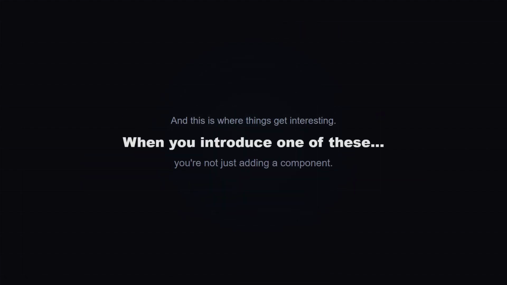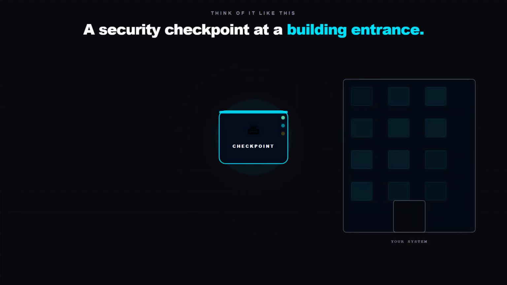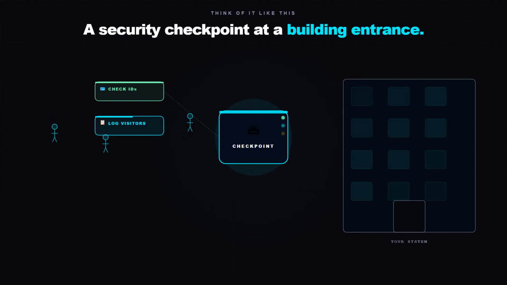And this is where things get interesting, because when you introduce one of these, you're not just adding a component. Think of it like a security checkpoint at a building entrance. Everyone who enters goes through that one point. That's powerful. You can check IDs, log visitors, block threats.